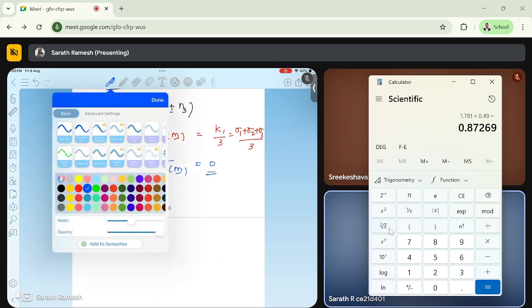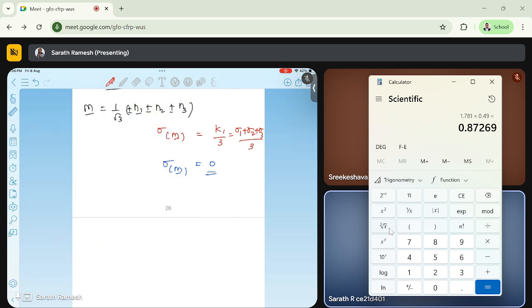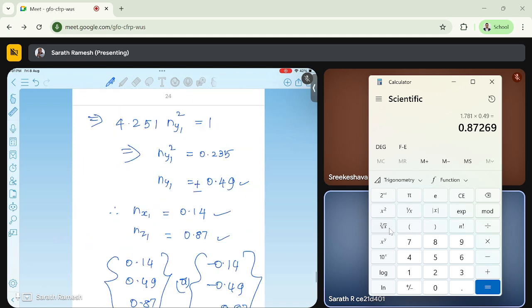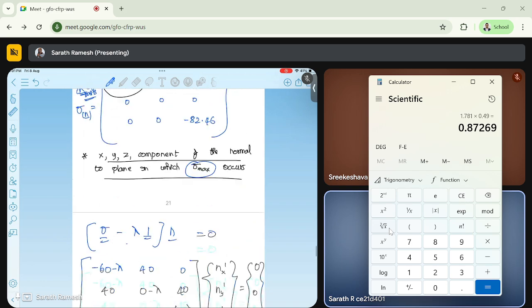And for shear, the formula we get while deriving is tau octahedral square equal to trace of sigma square by 3 minus trace of sigma the whole square by 9. Now we can move forward in finding the trace of sigma. The trace of sigma here is 0, right? Already we have found.